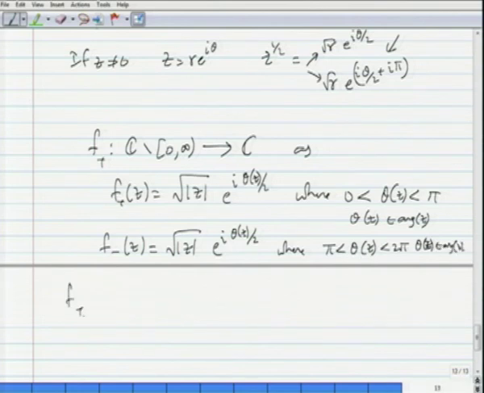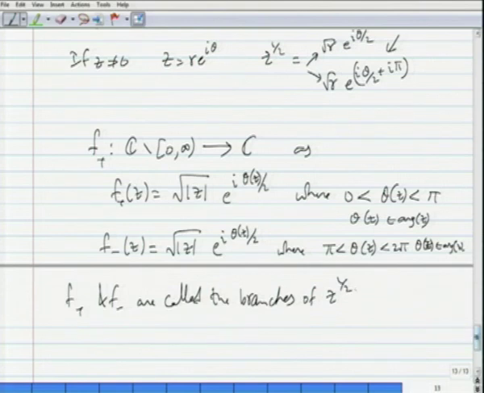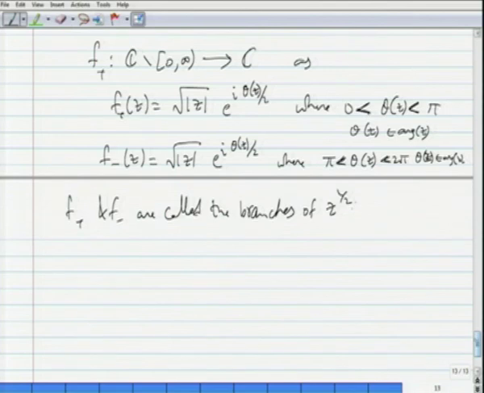Okay. f plus and f minus are called the branches of z power half. And by eliminating 0 and pi and 2 pi here in the definitions, we have actually made it a continuous function.